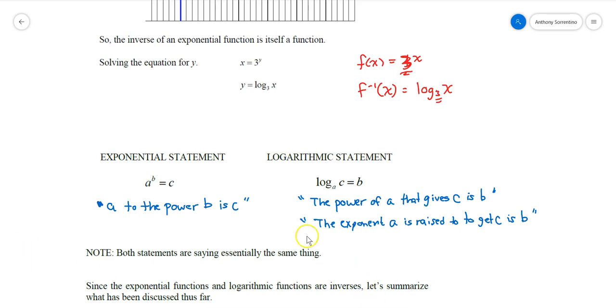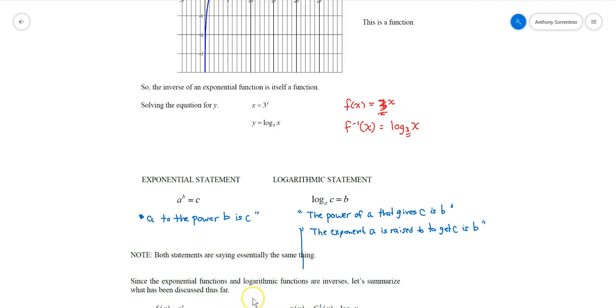They're basically saying the same thing, one's just saying it a little bit differently. If I do a log of some base to a number, I'm looking for the exponent of this base that's going to give me that number. Whereas here, I'm just taking that number, raising it to the power, and getting that result.